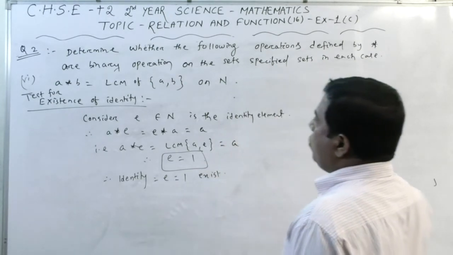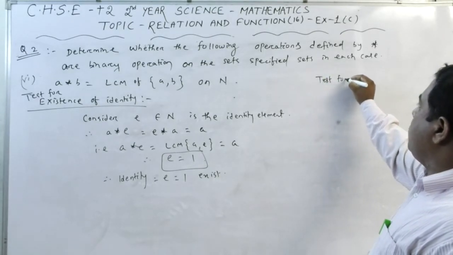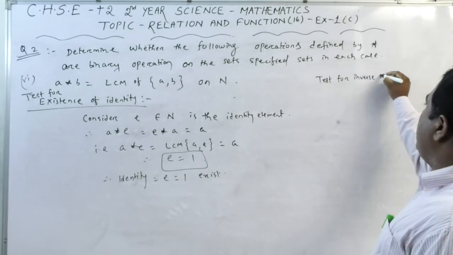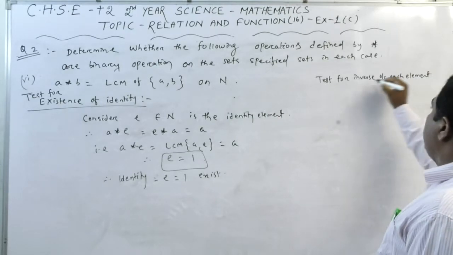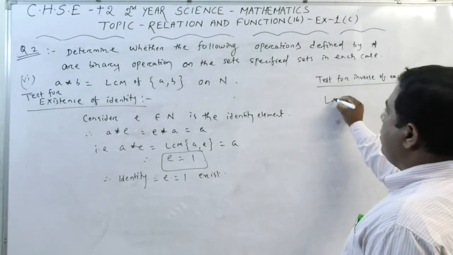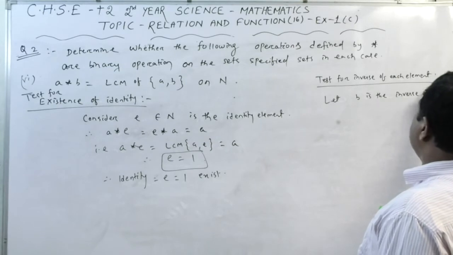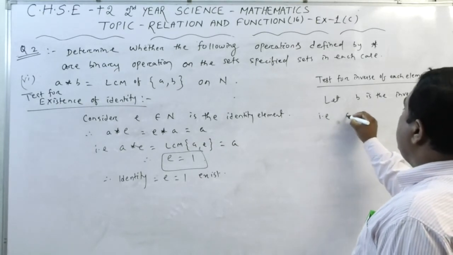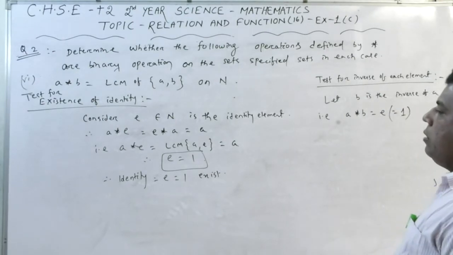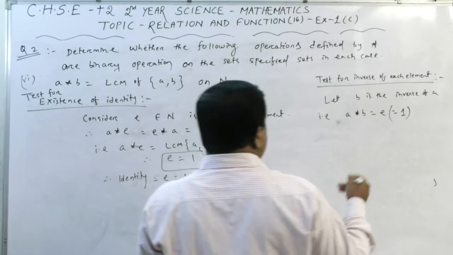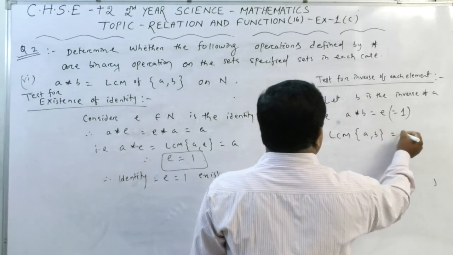Okay, now we will go for inverse. Test for inverse element, inverse of each element. Let B be the inverse of A. That is, A star B equal to E, which should be equal to 1. Now think, the LCM of A and B equal to 1.